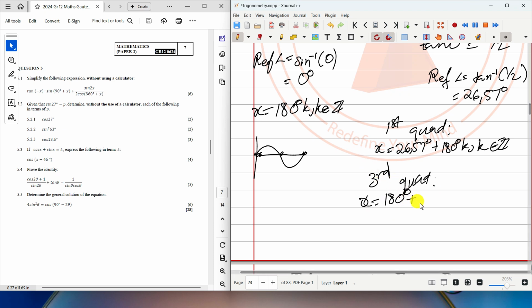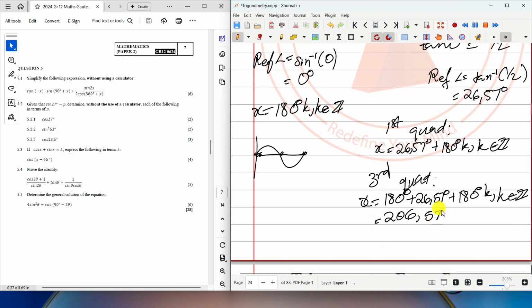So it's 180 plus your reference angle, right, plus 180 degrees k, where k is an element of an integer. So this, I think, is 206.57 degrees plus 180 degrees k.